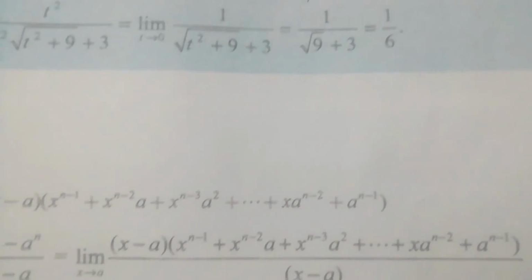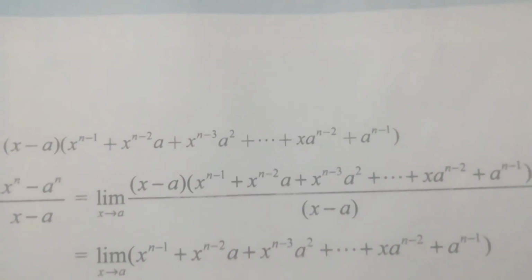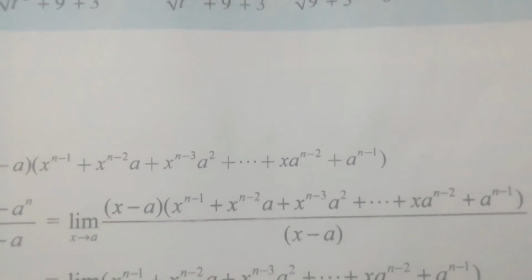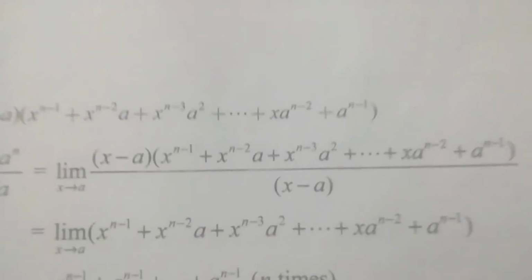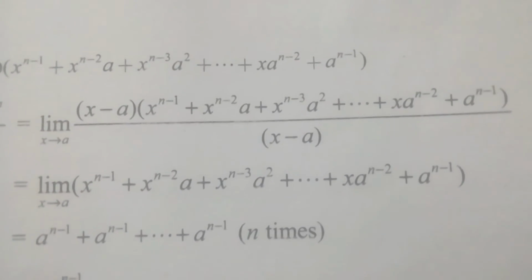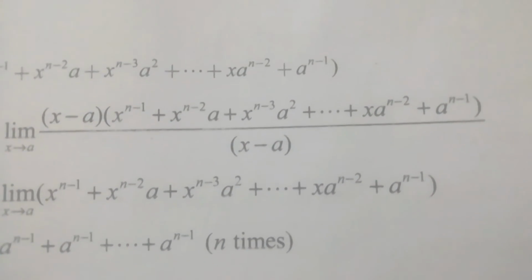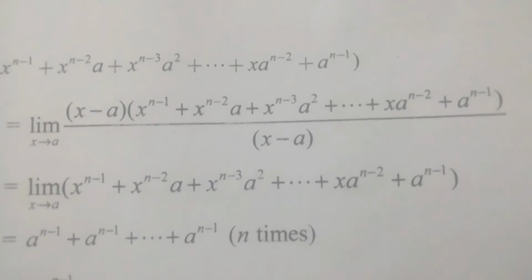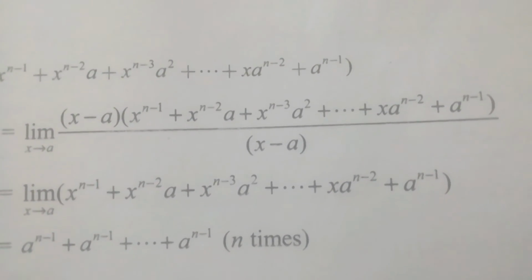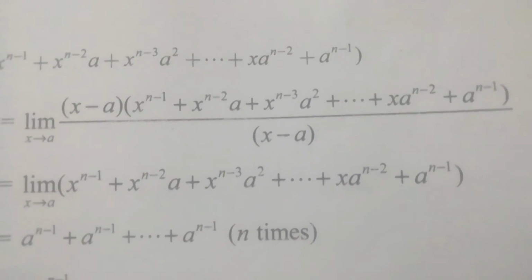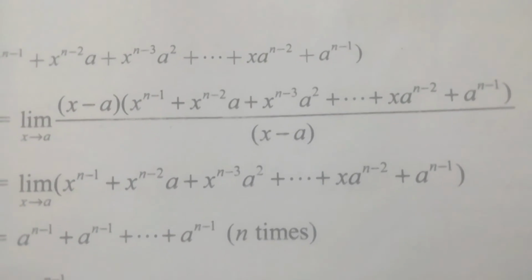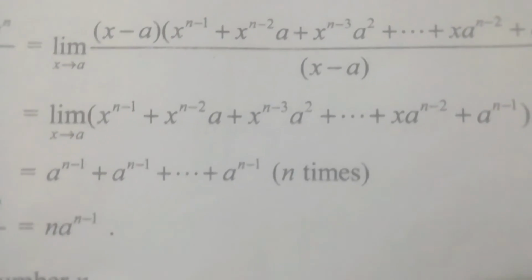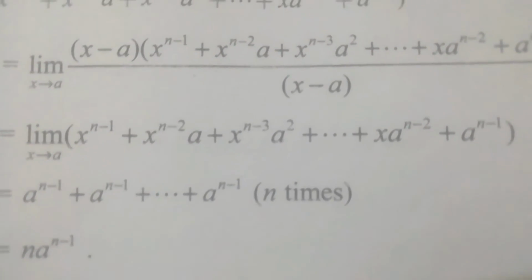So if you put this value, x minus a cancels, then put the limit x tends to a, and everything becomes a power n minus 1. See the formula in your textbook. A power n minus 1, a power n minus 2 into a means also a power n minus 1, plus n times, that is n into a power n minus 1.